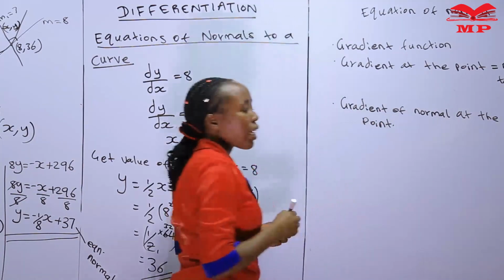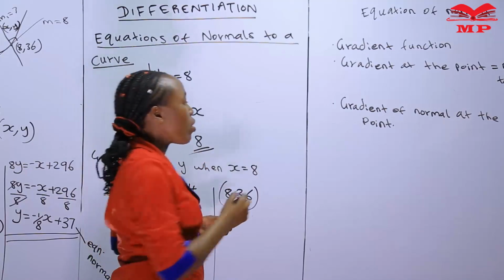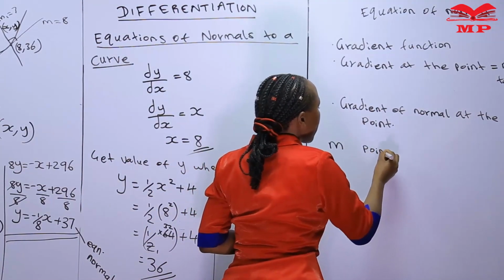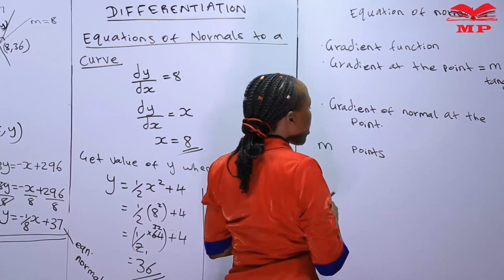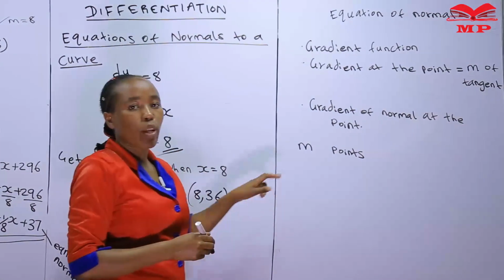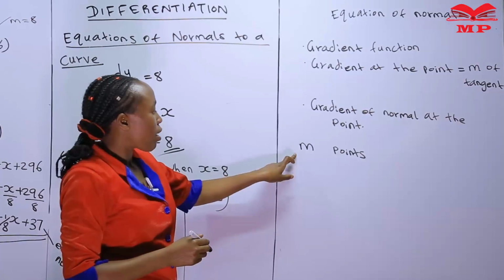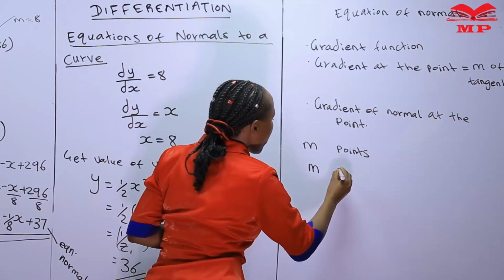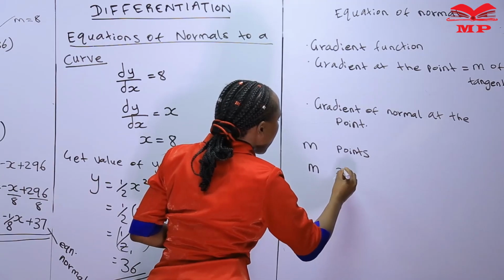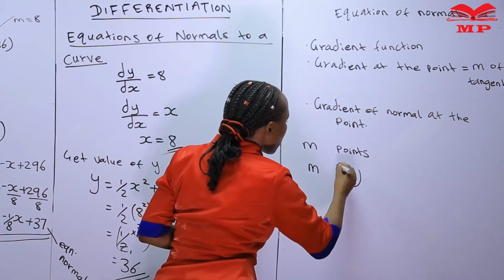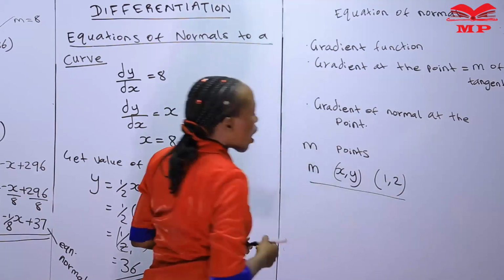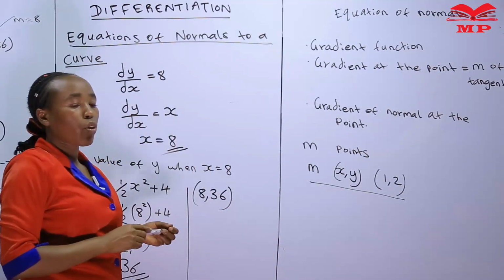Then after getting the gradient, now you can use the gradient. Then you have the point plus the imaginary point, and then calculate the equation. Because when you have the gradient, you have a point, an imaginary point (x, y), and you have a point, let's say (1, 2), you can use this now to get the equation of a normal.